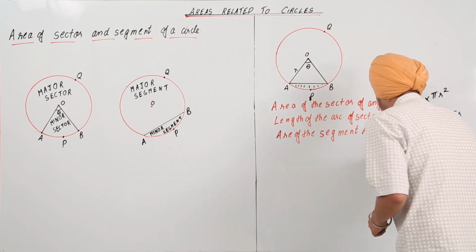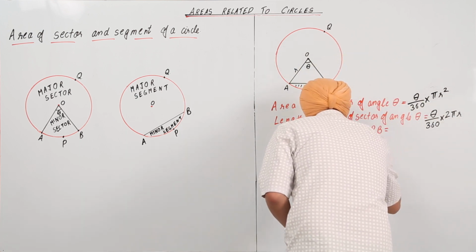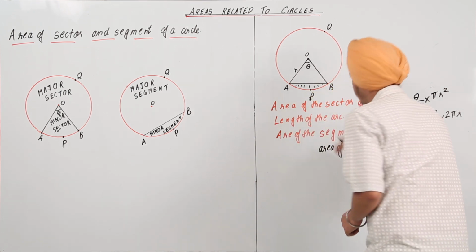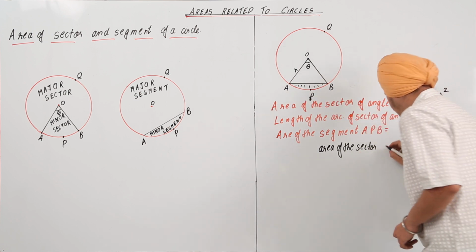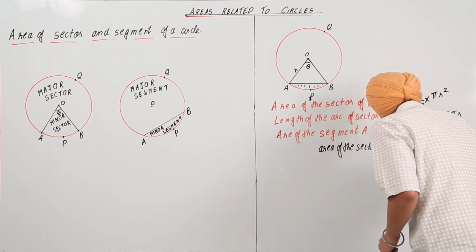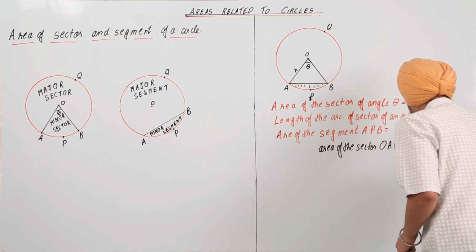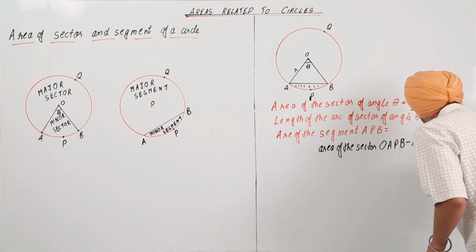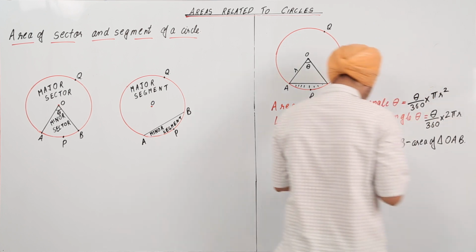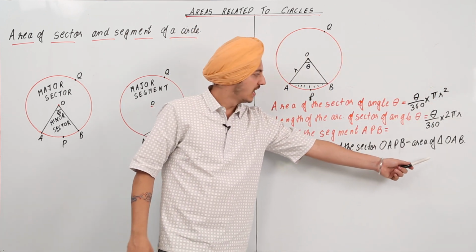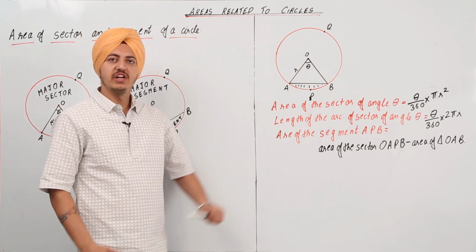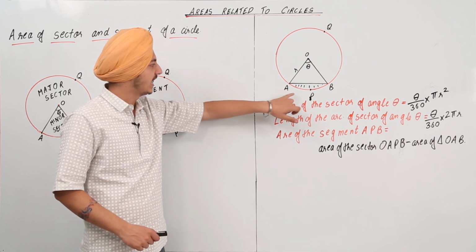This is equal to area of the sector OAPB minus area of triangle OAB. Now if you calculate the area of the sector and the area of the triangle, then we can find the area of the remaining segment, the segment APB.